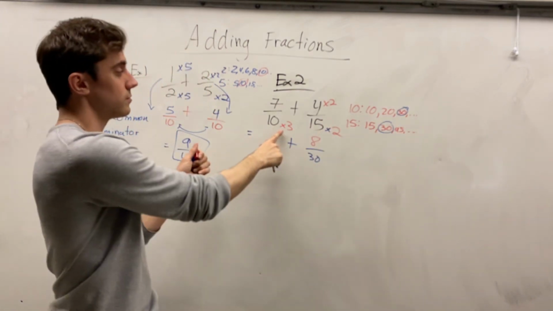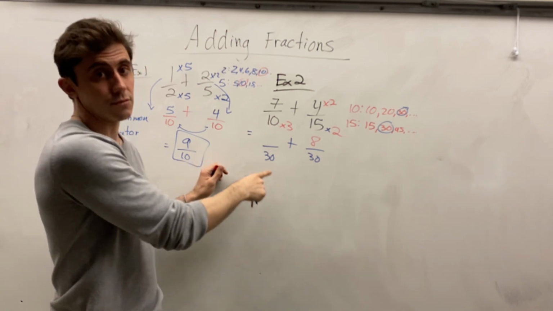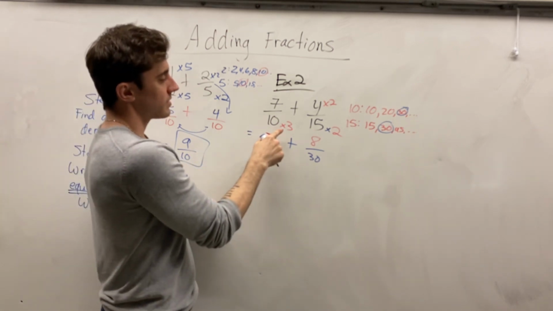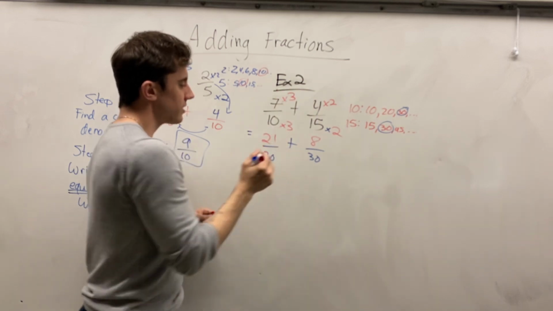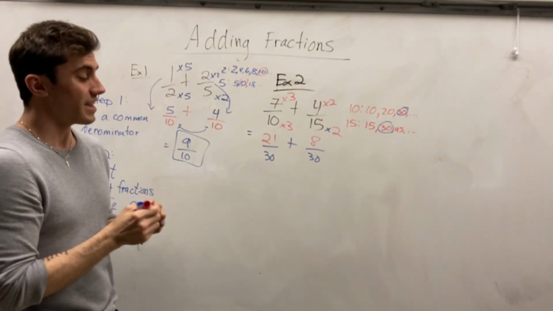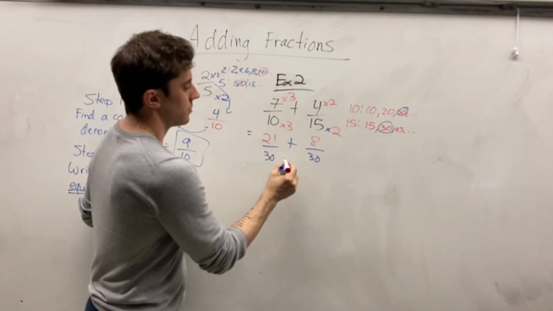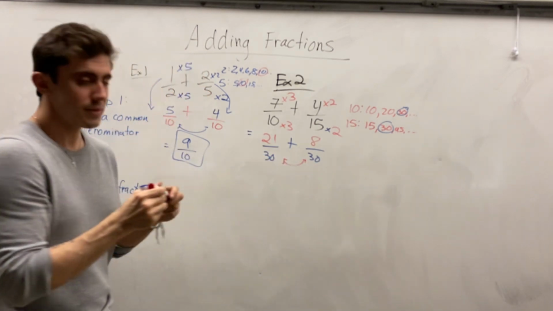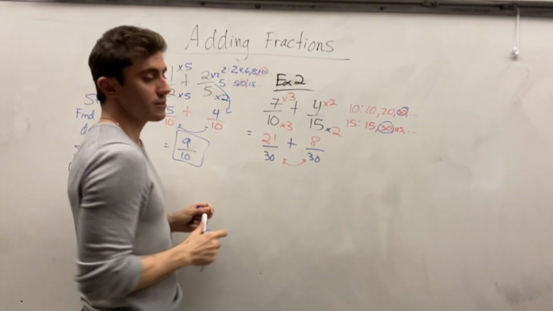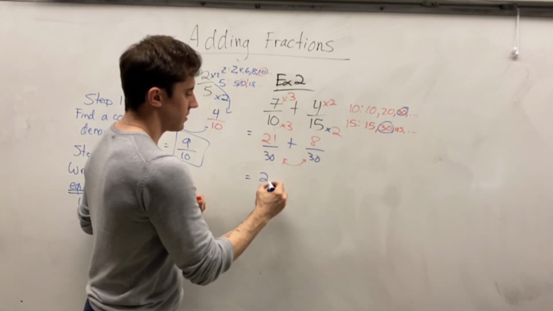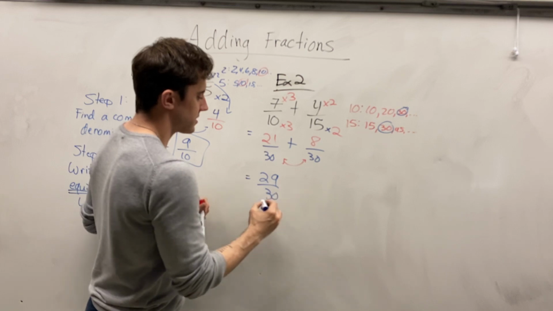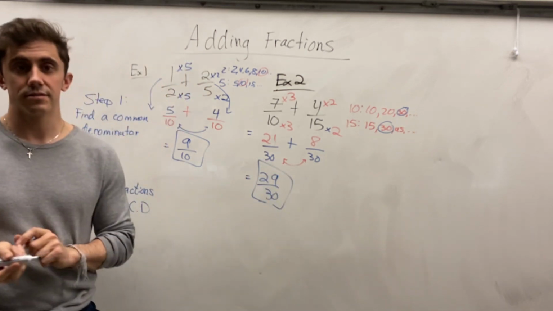The list kind of gives you the multiples that we have to use to get the equivalent fractions. And so we multiply the denominator by 3, and so we multiply the numerator by 3 as well to keep the fractions equivalent. And now we'll get 21/30 plus 8/30, and we have our common denominator, and so naturally we can add our fractions together. So 21/30 plus 8/30 give us a sum of 29/30, and that's it.